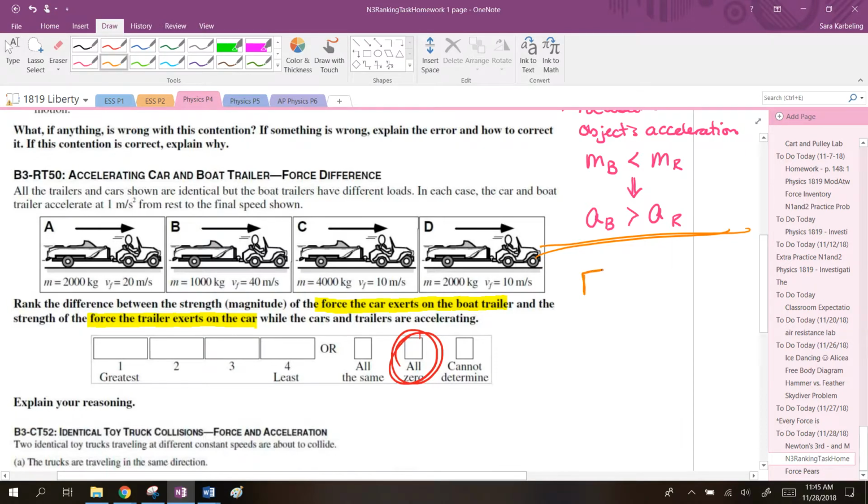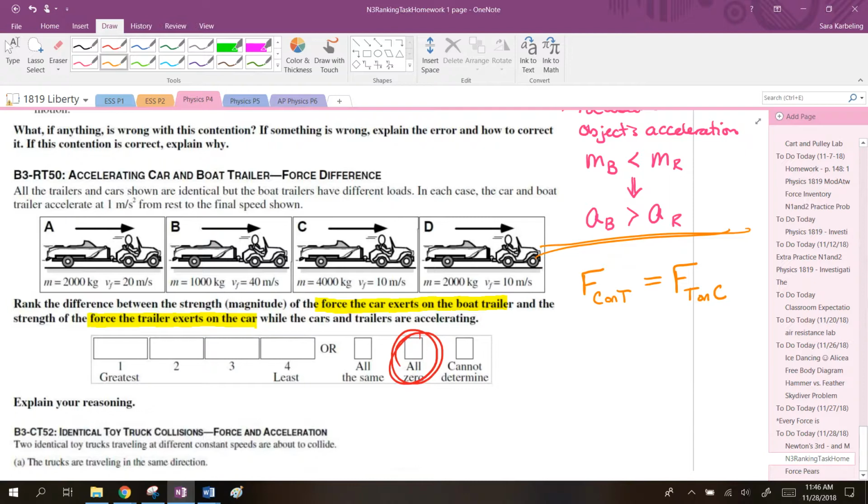So the force of the car on the trailer equals the force of the trailer on the car, right? They are a third law pair. We know that any third law pair, so when you take those two things and you flip them, that's all it is, those two forces have to be equal in magnitude. Now, we didn't mention this before, but they're also opposite in direction. That's why they're always talking about the magnitude, the size, because the direction is opposite, always.